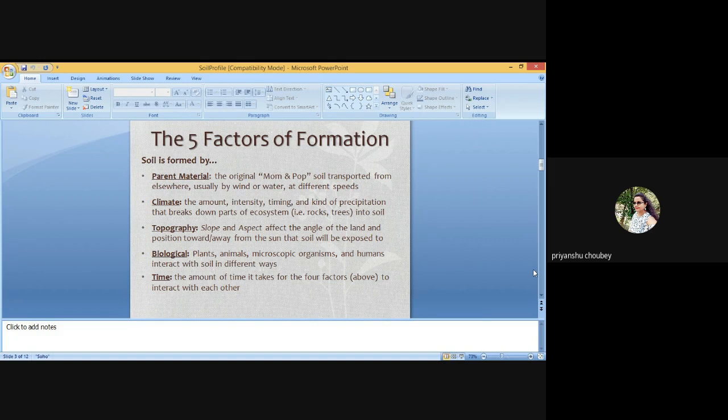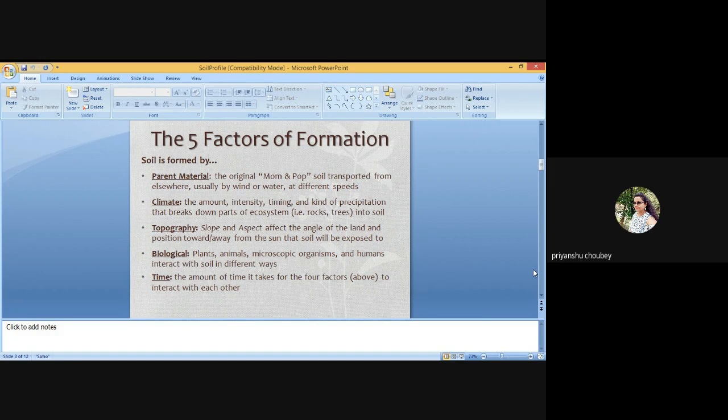E horizon, a mineral horizon, in which the main feature is the loss of silicate clay, iron, and aluminium, or some combination of these, leaving behind a concentration of sand and silt particles.